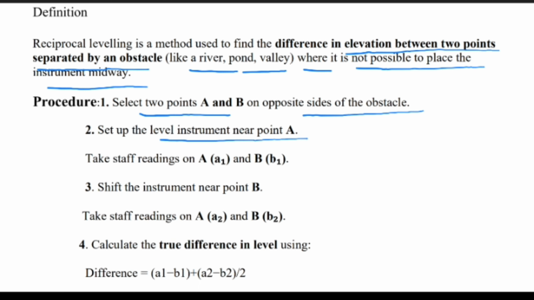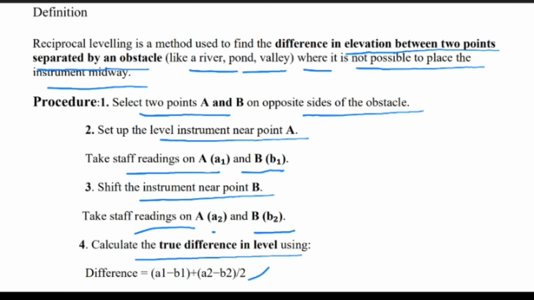Set up the instrument at A. The staff readings are A1 and B1. Next, shift the instrument to B and take the staff readings A2 and B2. The difference in elevation is equal to (A1 minus B1 plus A2 minus B2) whole divided by 2.